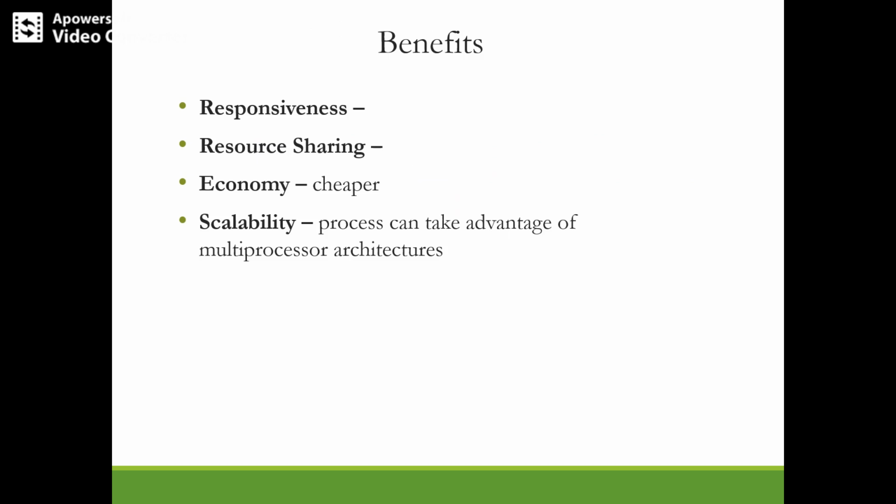The first benefit of using multi-threaded programming is responsiveness. So what is this responsiveness? If there is an interactive application that uses multi-threading, the application may continue running even if part of it is blocked or performing a lengthy operation, thereby increasing responsiveness. Here, threads provide the benefit of responding to a request.